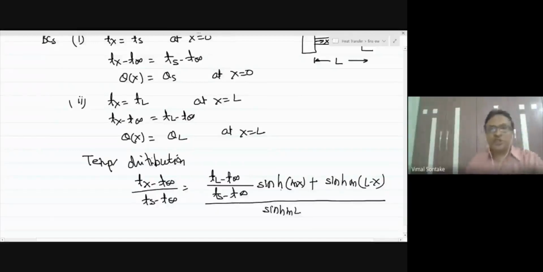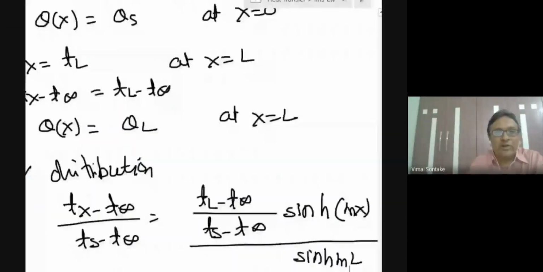This is the temperature distribution, like we have derived for earlier cases.